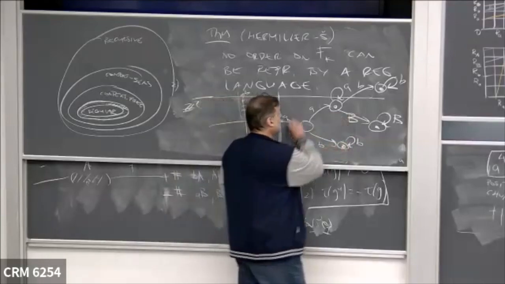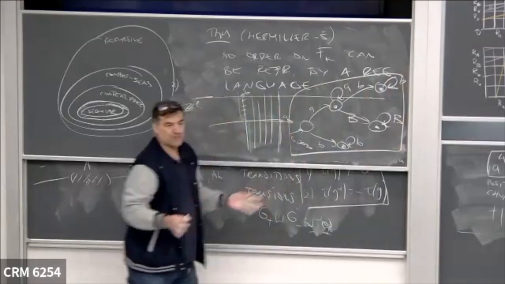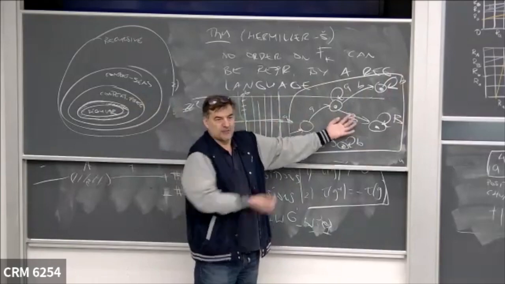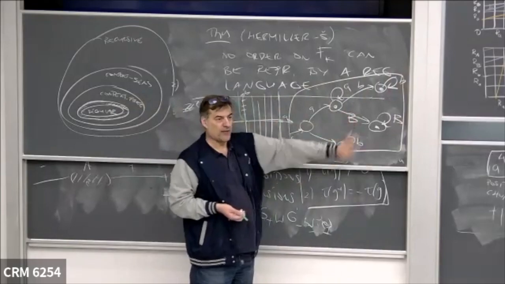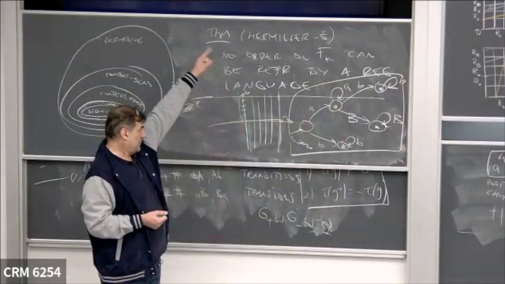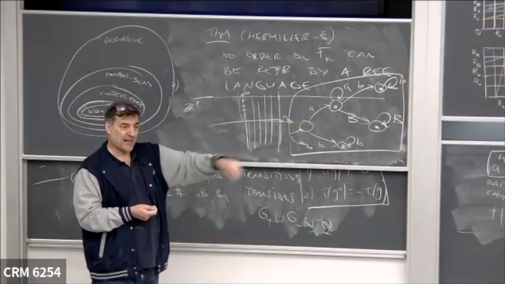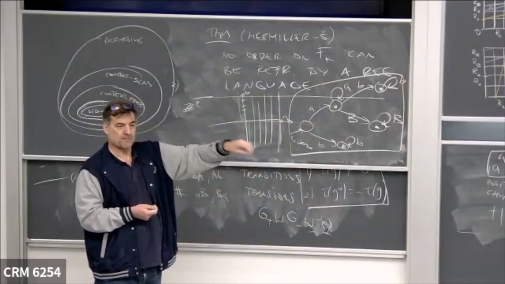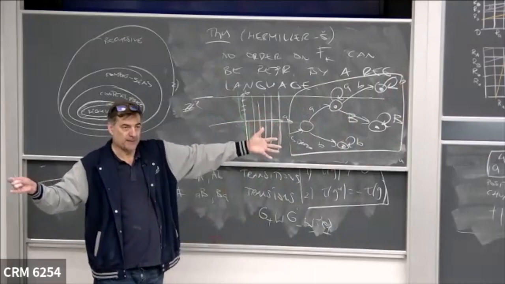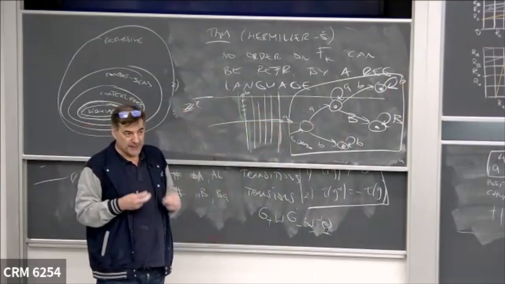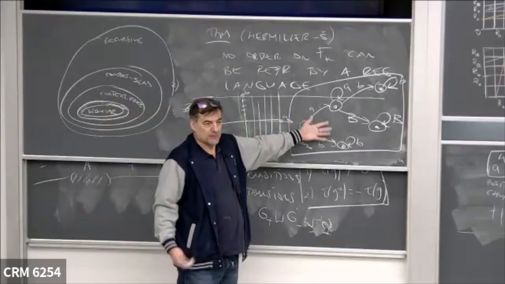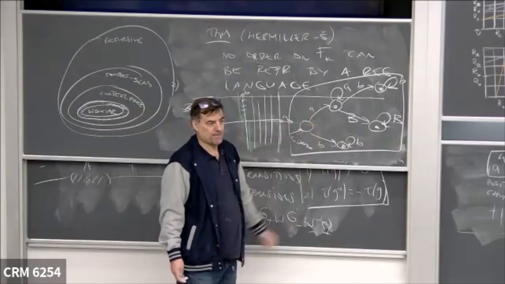This is a finite, predefined amount of memory. That's a regular language: anything that you can recognize using this finite graph with no unbounded external memory. Like for the one counter language, I had to have this stack where I put my little beans, and that should be unbounded in theory because I have no idea how long the word will be. Here, I have absolutely no need for it. It's all finite. So that could be regular.